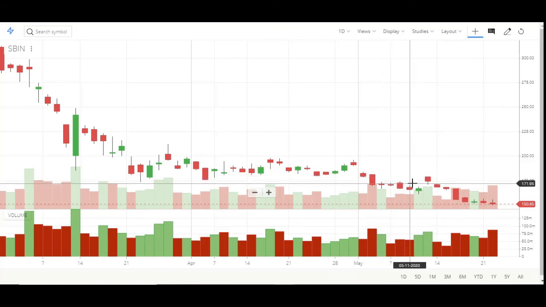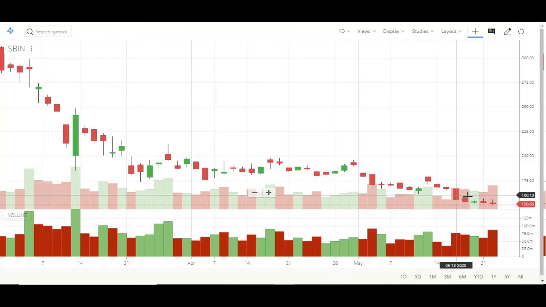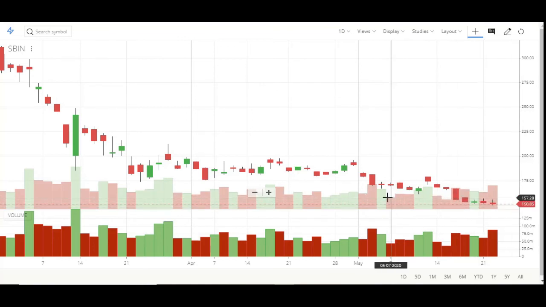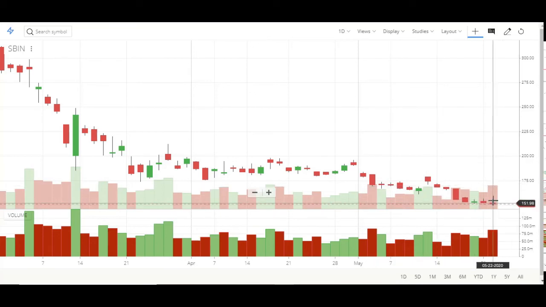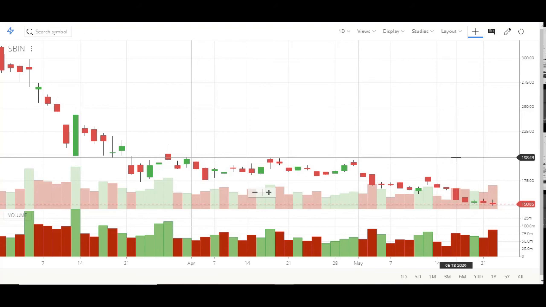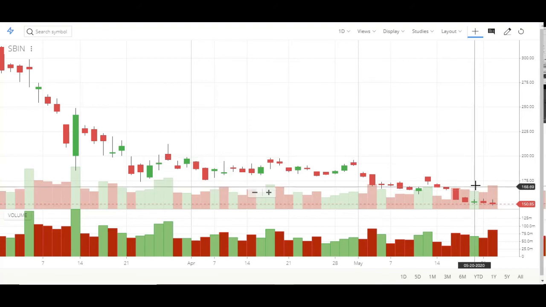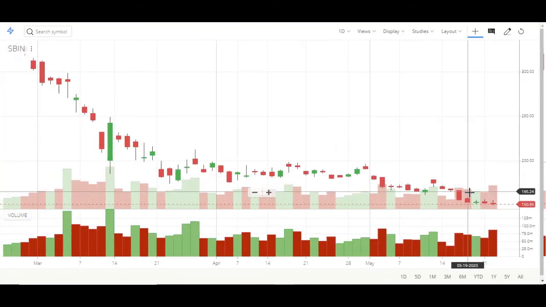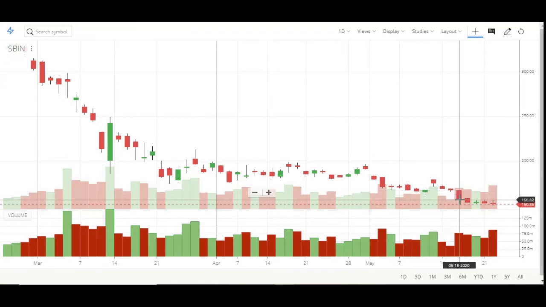Now the stock price is trading at 150.85. We entered at 169.50, and it's trading at about 150, giving a profit of around 19 rupees. Here there is one more bearish Marubozu candle formed on the 18th of May.